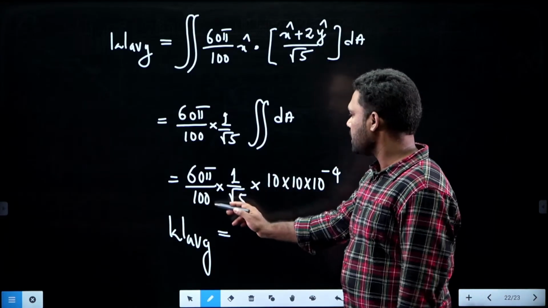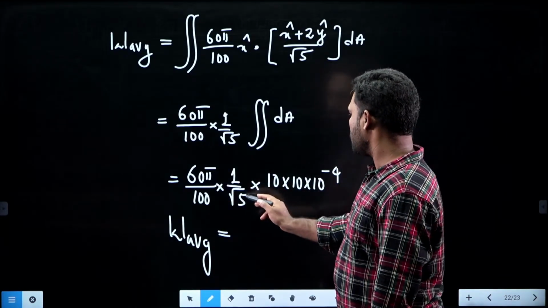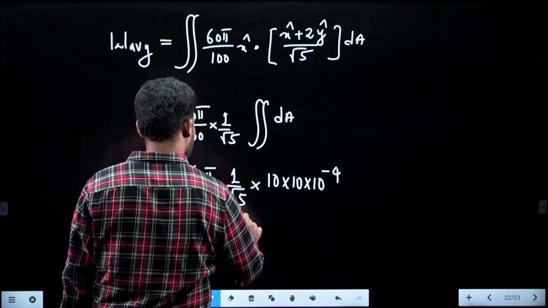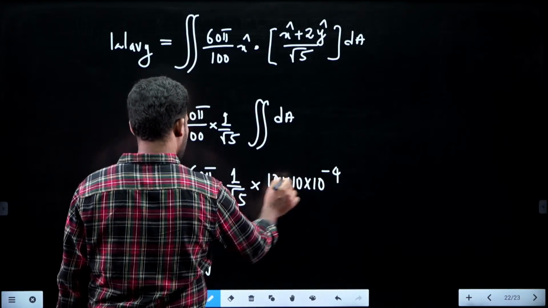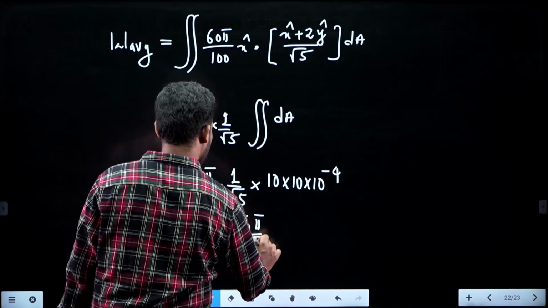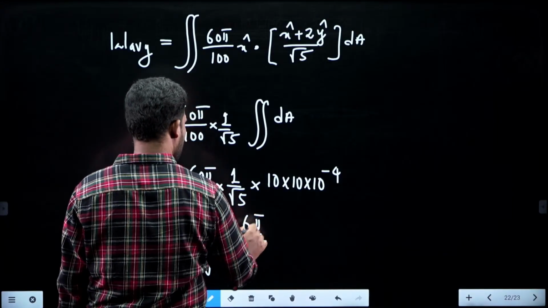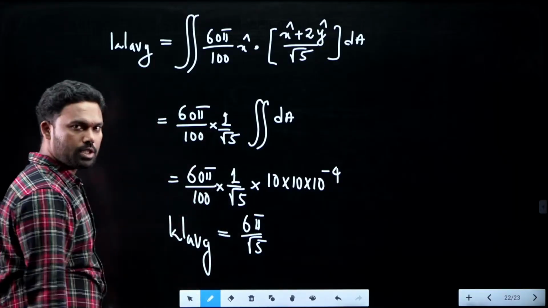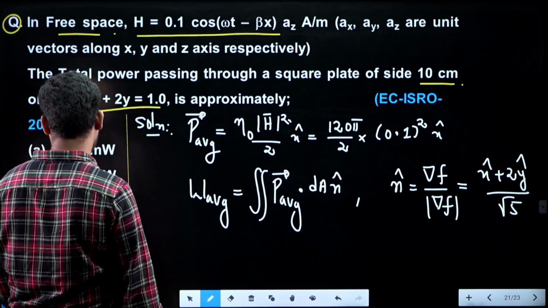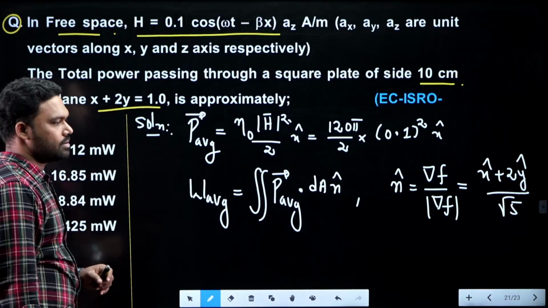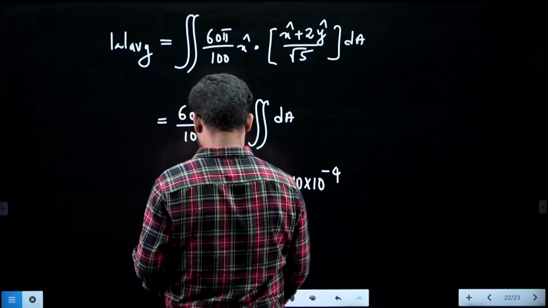So this 100 will go, it is 6 by root 5. This 100 will go, this will become 6 pi by root 5. Yes, so this is 18 divided by 2.5. So it is around option D. Yes, D is the correct answer.